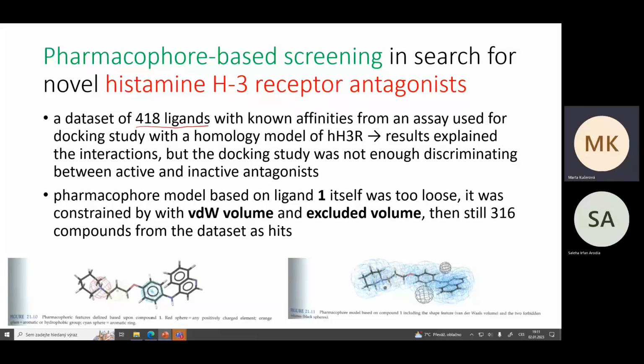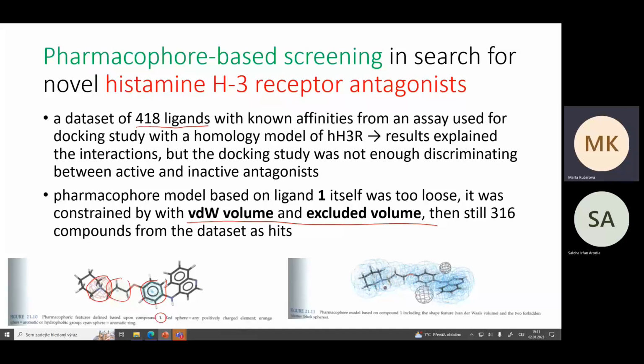the scientists tried to use homology modeling, but it did not help with the docking study. So they took only compound 1, which is on the left side in the structure, and created a pharmacophore model. They employed the nitrogen in the molecule, the aromatic part, also some other linker features, and van der Waals volume and excluded volume behind the molecule volume.